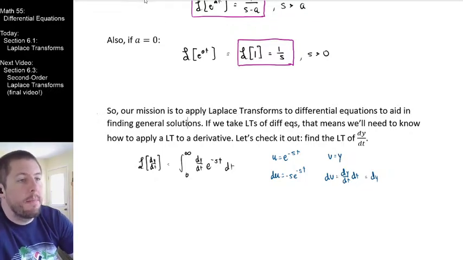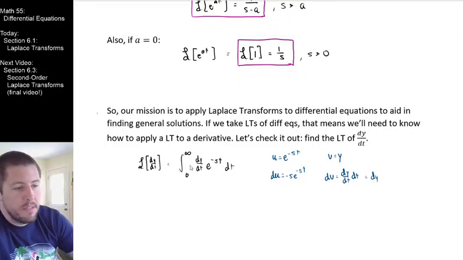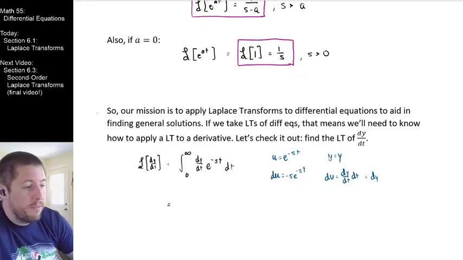Let's apply this setup for our integration by parts to the integral at hand. I want uv, which is going to be our function now, and I want to remind you that y is a function of t here.